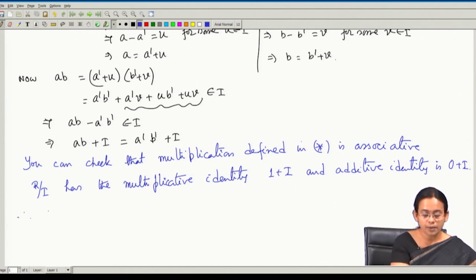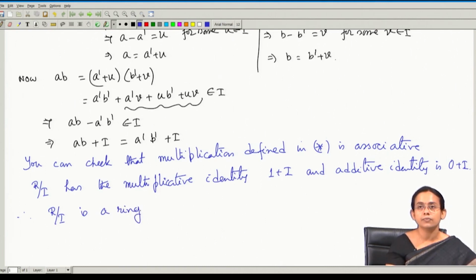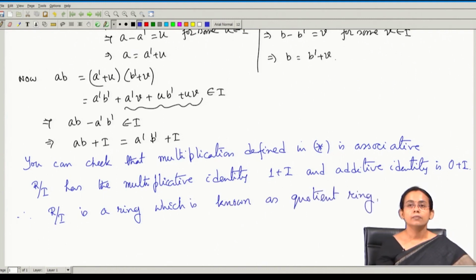Therefore, we are able to prove that R quotient I is a ring with this addition operation and multiplication operation defined as previously, and this ring is known as the quotient ring. So, I have now defined what a quotient ring is.